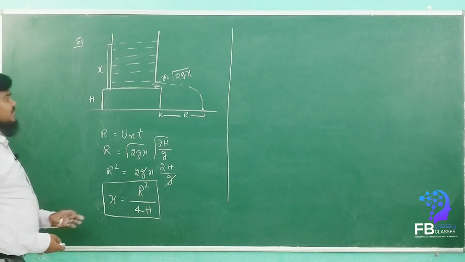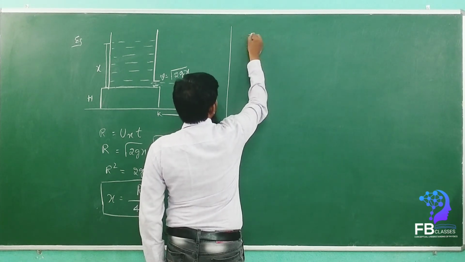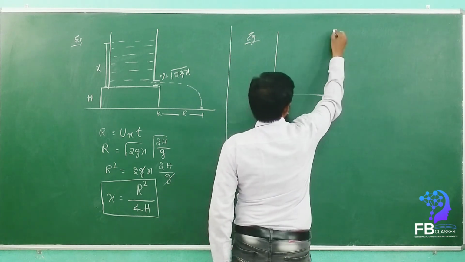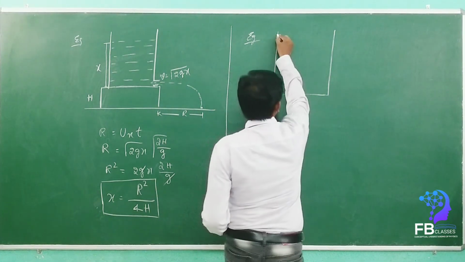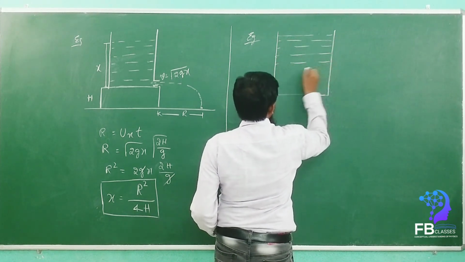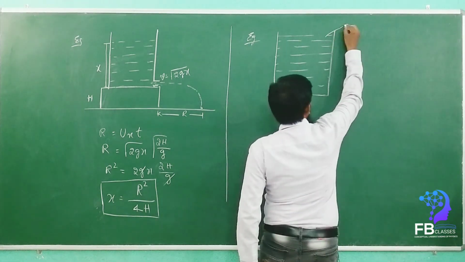There were many questions like this. For example, see here, we can take more examples. There is a tank which is filled with a liquid whose density is, let's consider, rho.